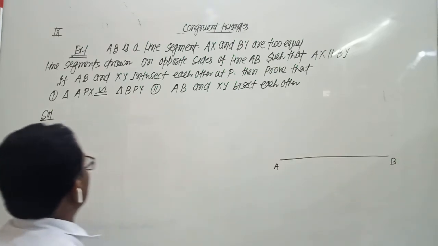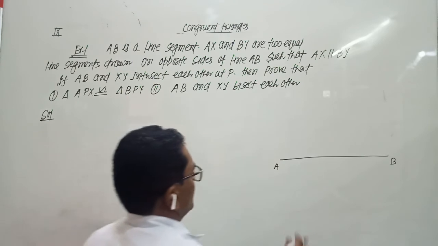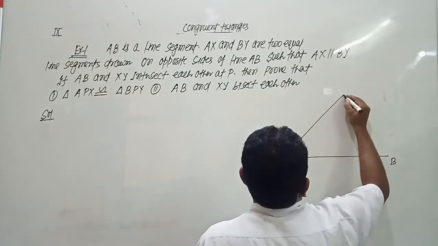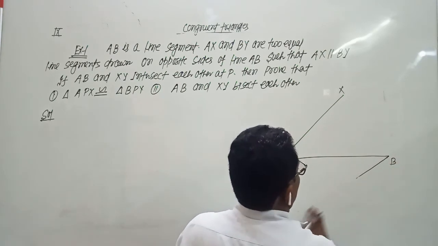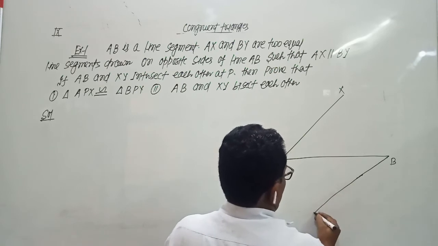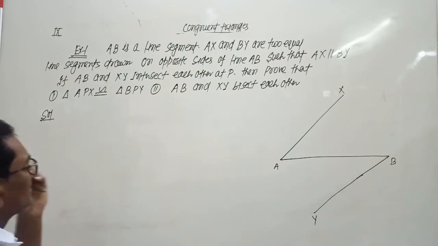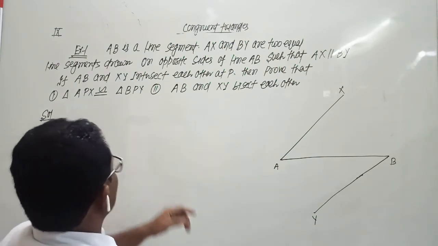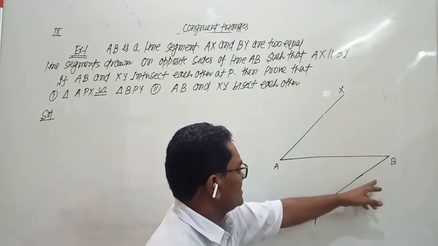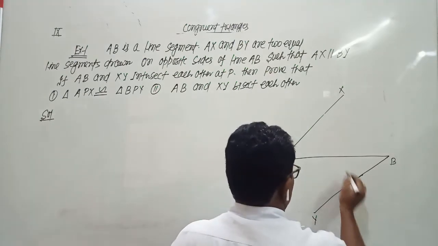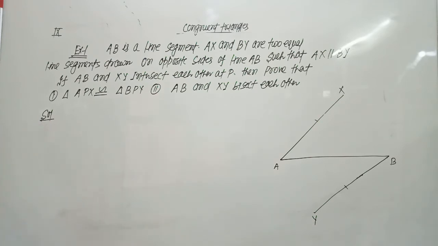AX and BY are two equal line segments drawn on opposite sides of line AB.